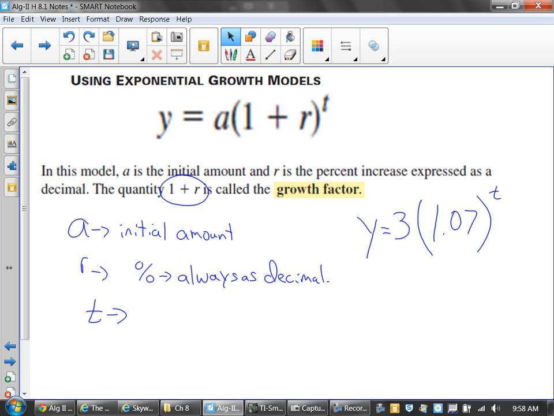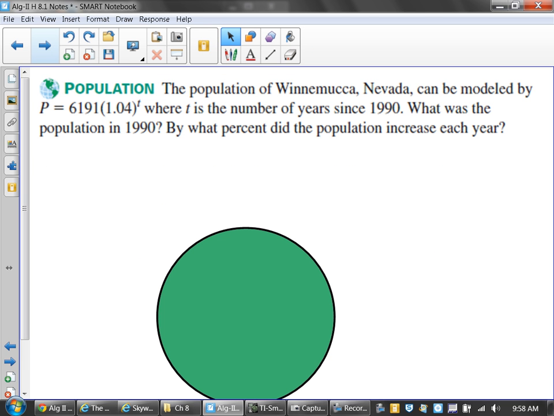So let me show you how this works as far as a problem is concerned. Here's our generic A. You have a population of some town in Nevada, not Vegas.